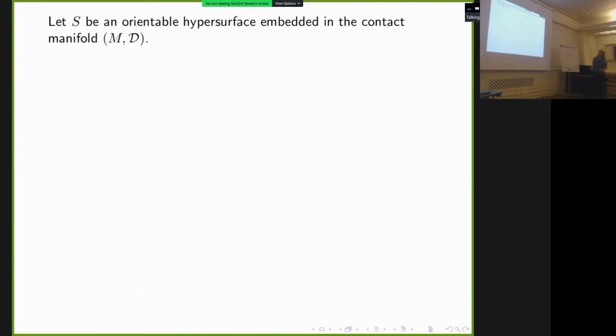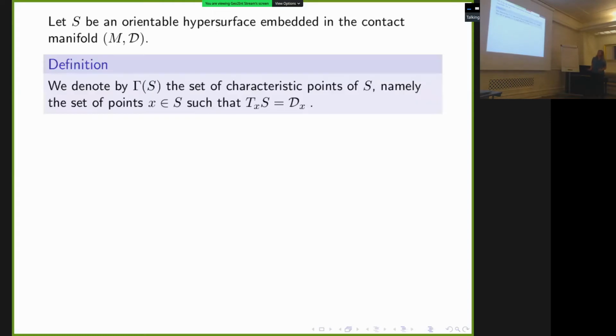These special points, which Tommaso has mentioned in his talk, are called characteristic points. If you have your hypersurface S embedded in your contact manifold MD, then everywhere where the tangent space to the hypersurface coincides with the contact plane is called a characteristic point.